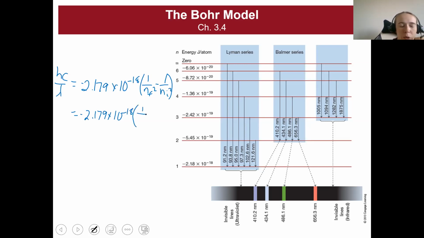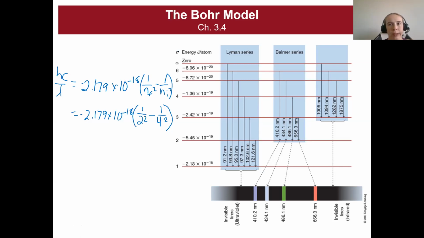And we're going from, the question was asking, from 4 to 2. So 2 is our final and 4 is our initial. If we start at 4 and we drop down to 2, 2 is our final and 4 is our initial. It's a little confusing because 4 is bigger than 2, but it's just what the question told us.